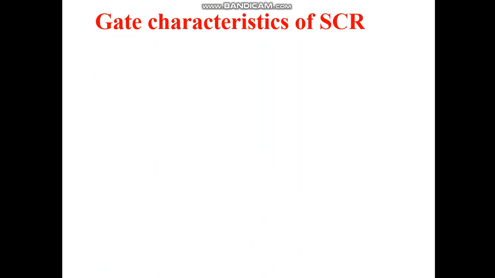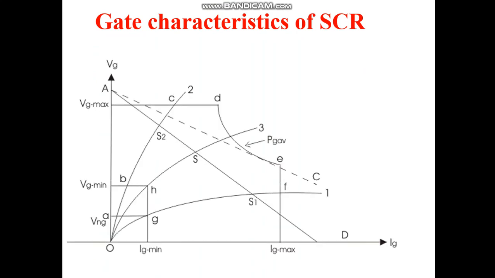Next, gate characteristics of SCR. What are the gate characteristics of SCR? Based on the gate pulse, the SCR is triggered into the on position. These are the gate characteristics. On the x-axis, gate current is given, and on the y-axis, gate voltage is mentioned.